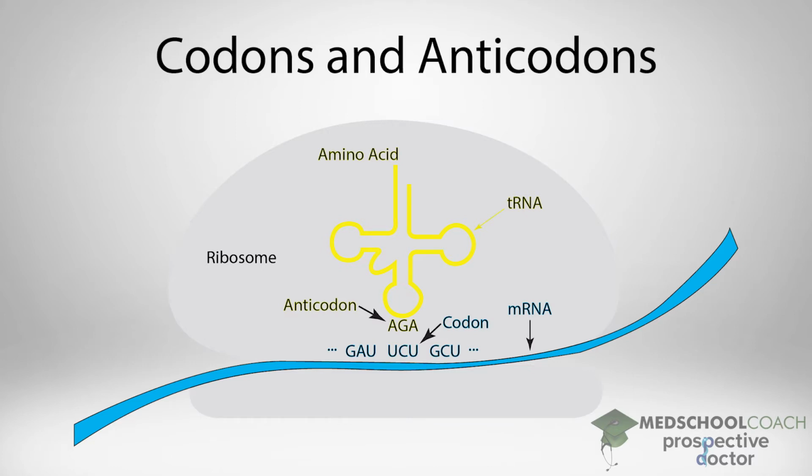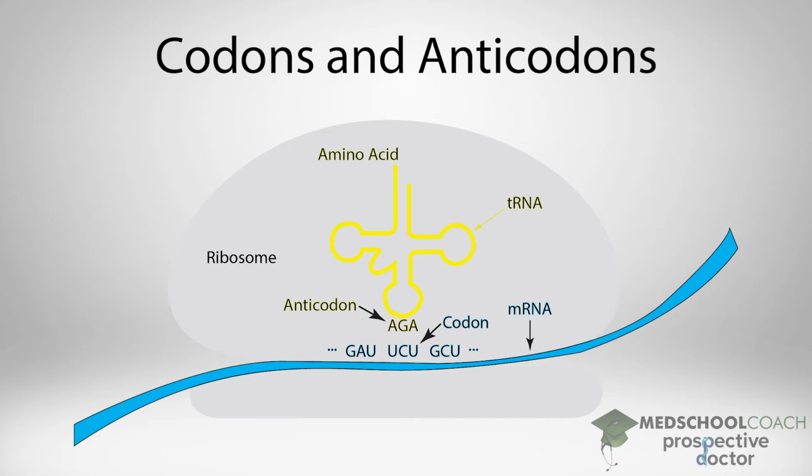So the codons are going to be complementary to what is called an anticodon. The anticodon is on tRNA. Right? So tRNA is another RNA molecule. So since it's made of RNA, it's possible for it to have nitrogenous bases in its anticodon that can be complementary to the codon.